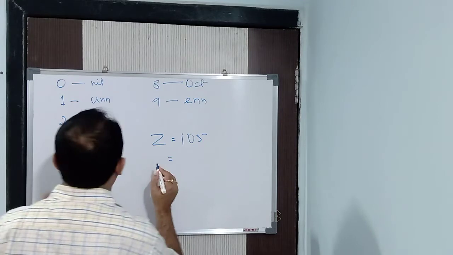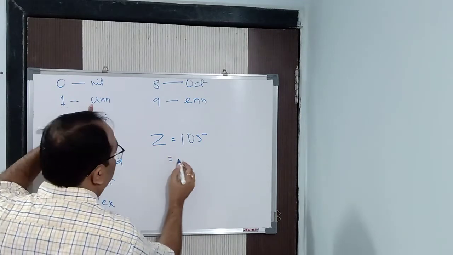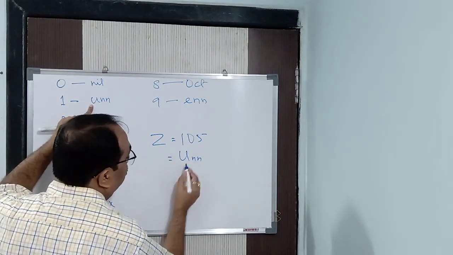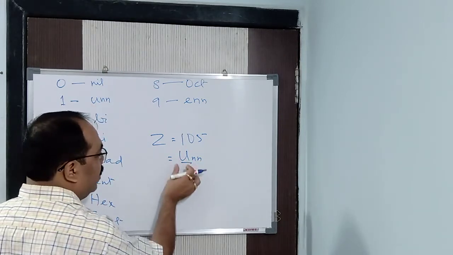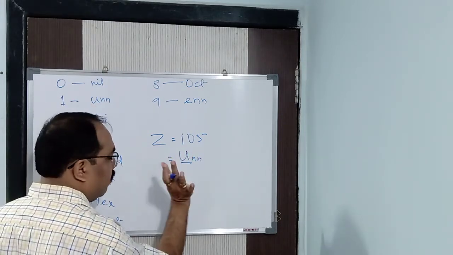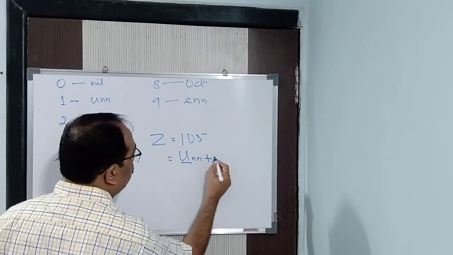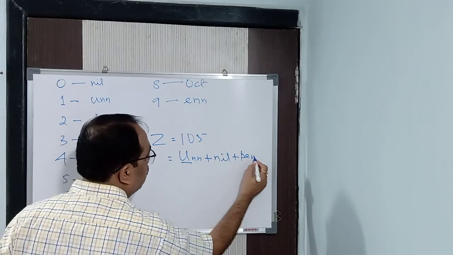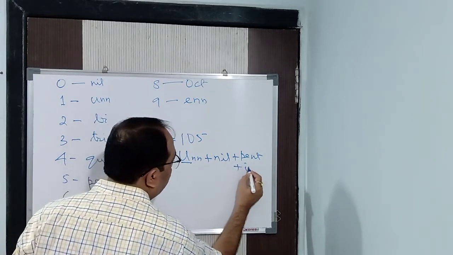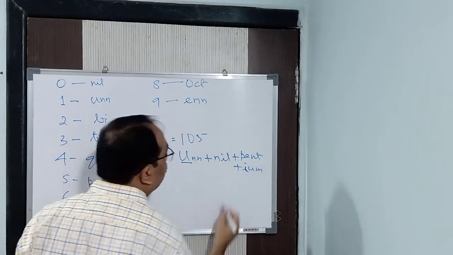See here. For 1, what have I written? Un, U-N-N. The first letter is taken as the symbol. Now wait. 0 is what? Nil. 5 is what? It is pent. And at the end we will be adding ium to all the names.